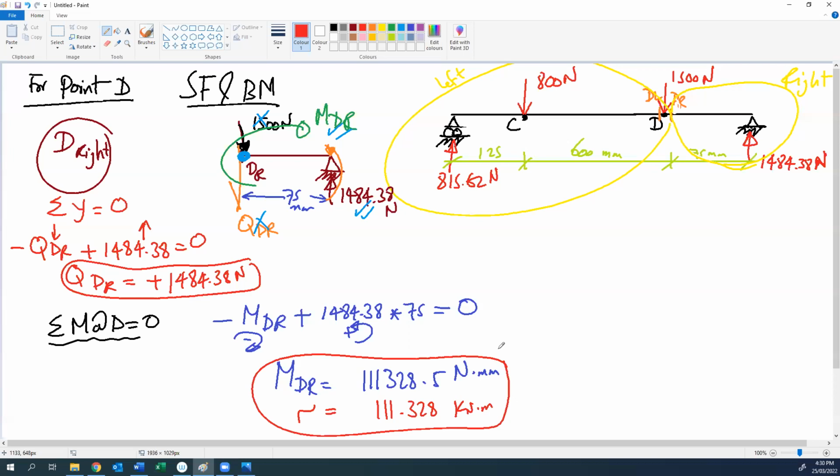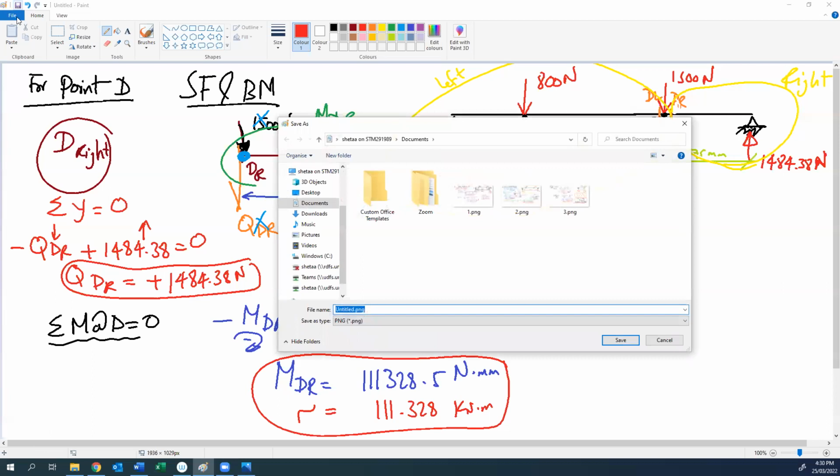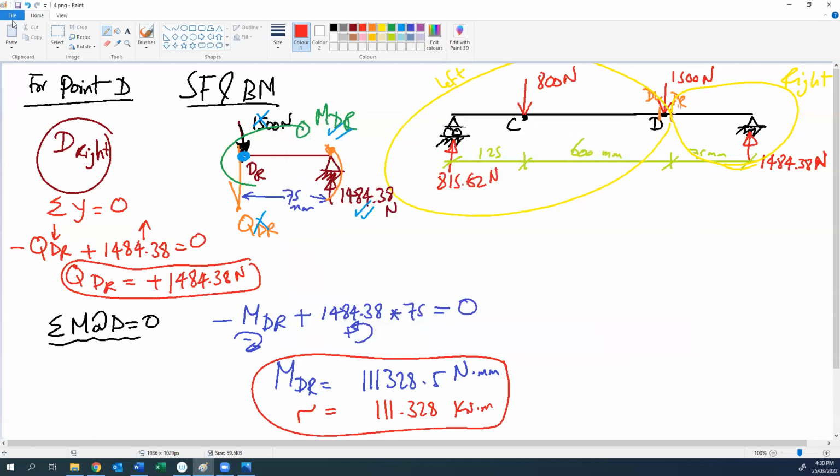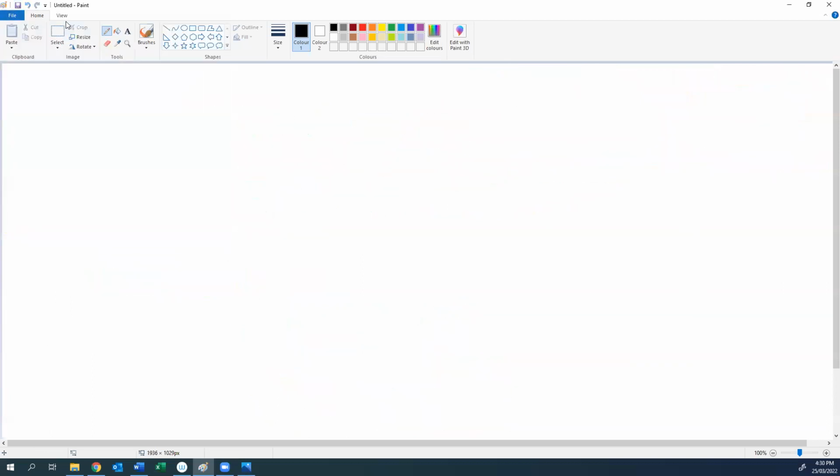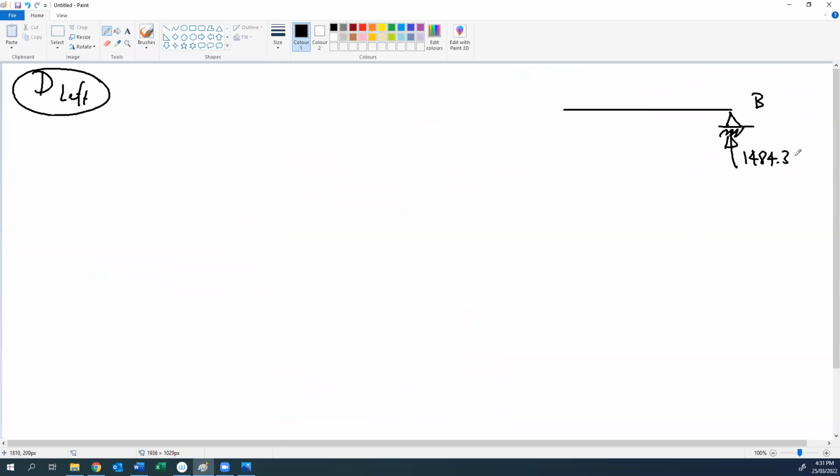If we want to do MD left, so section D left. If we take section D left here, this is the reaction 1484.38.